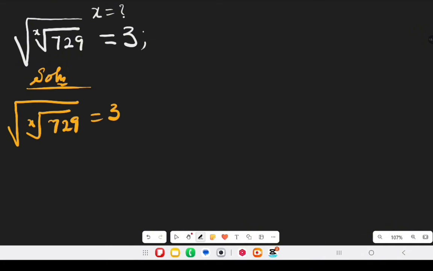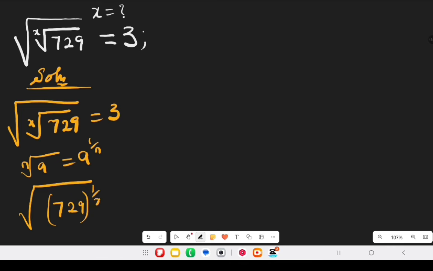From the law of indices, the nth root of a is the same thing as a raised to the power of 1 over n. When we apply this law of indices to the inner root, we are going to have root of 729 all raised to the power of 1 over x equals 3.